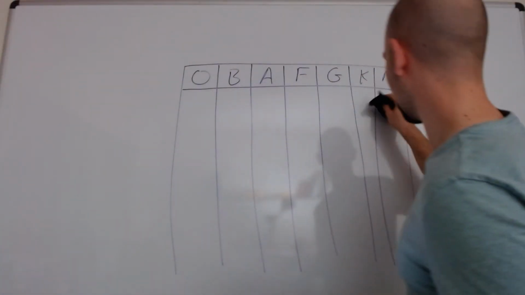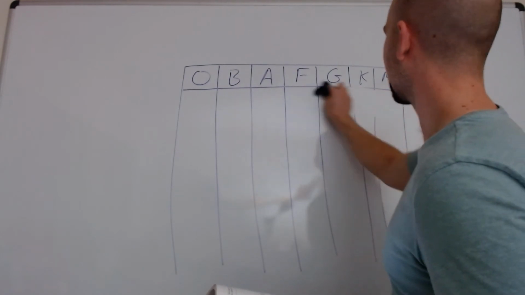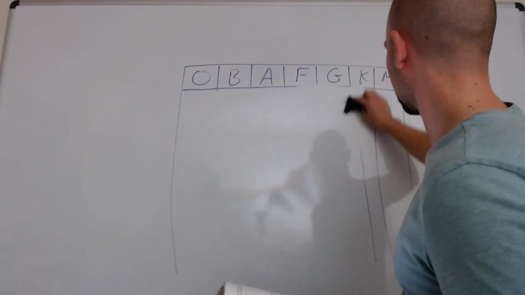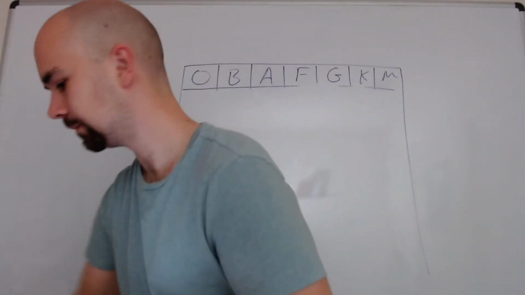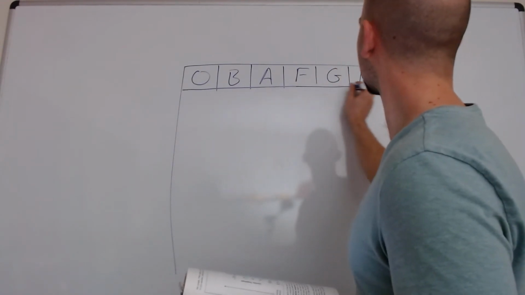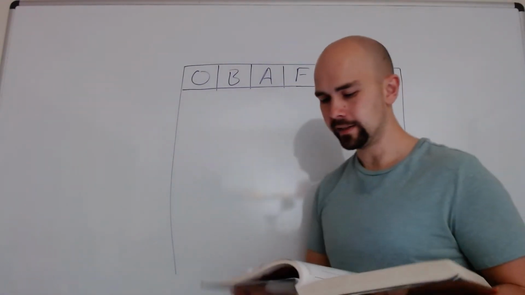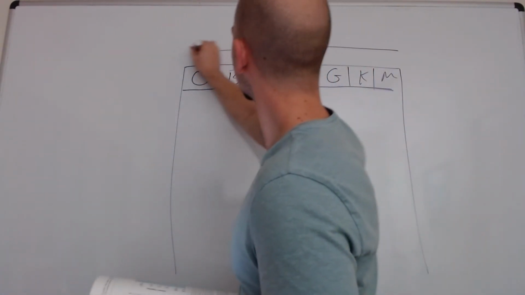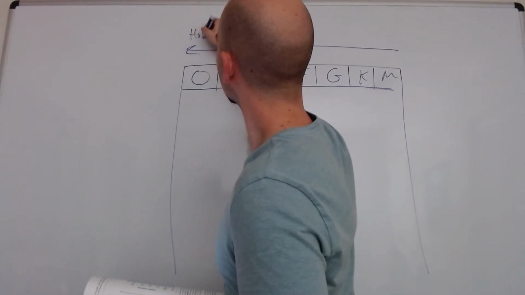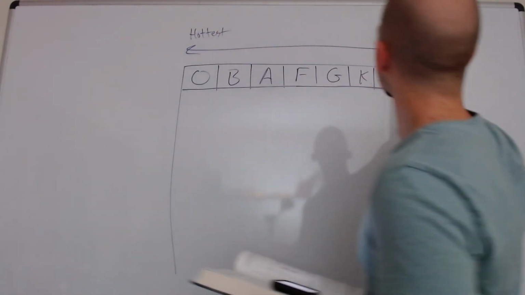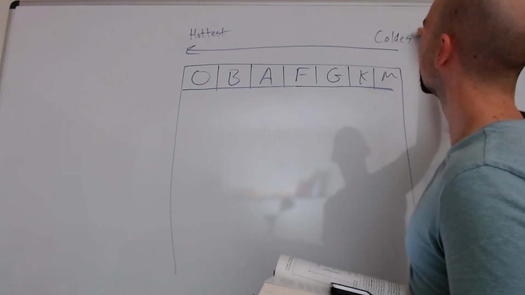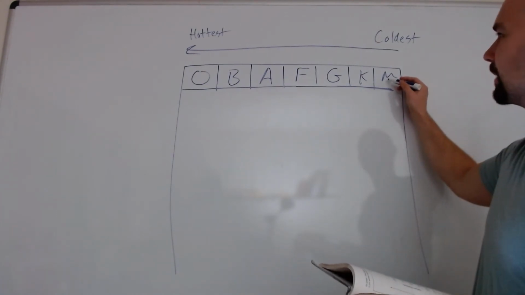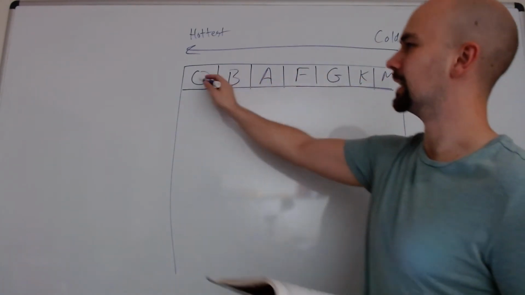I was thinking these lines might be useful, but they're not in the book, so I'm not going to do it. So these letters right here are representing the heat of stars. So the hottest stars you're going to classify with the letter M, followed by a K, G, F, A, B, and then O is going to be the coldest.